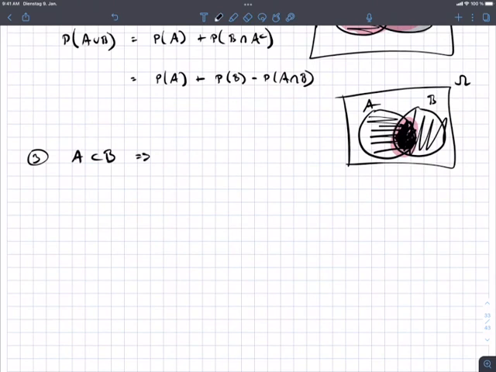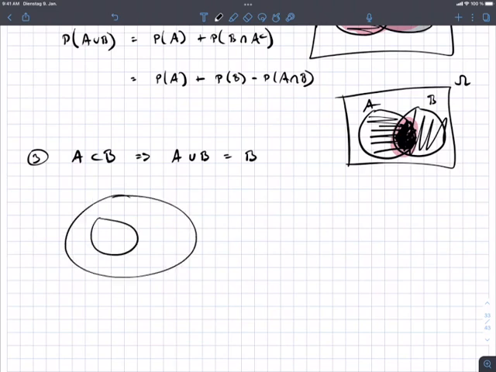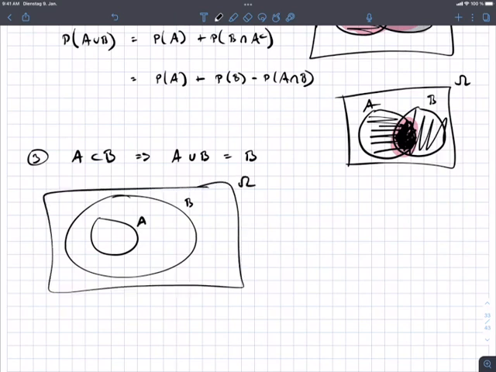If A is contained in B, it means A union B is simply B. You could show that, but like if this is A and this is B, then the union is just B. You can keep this picture in mind.